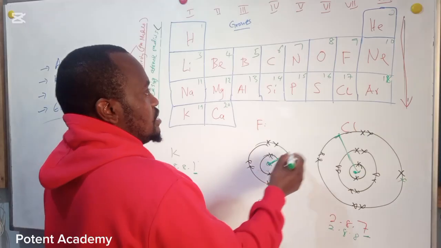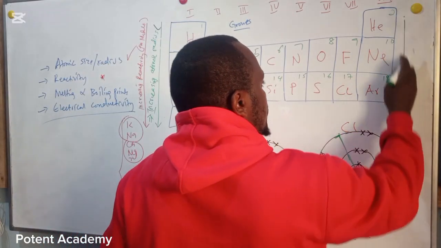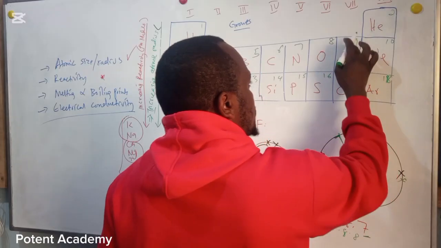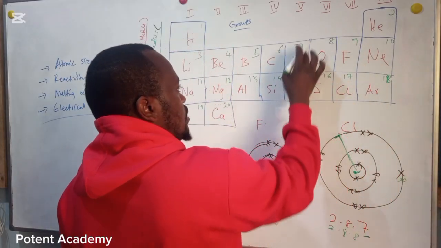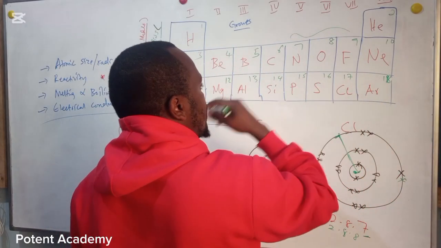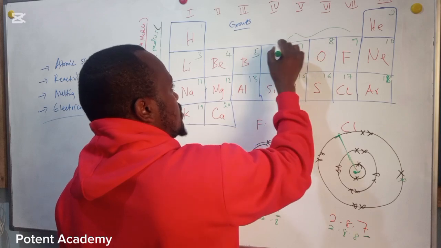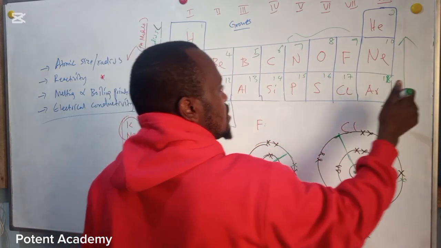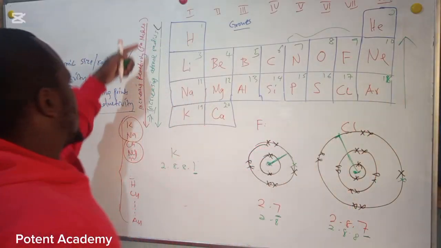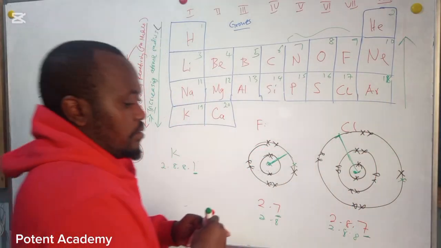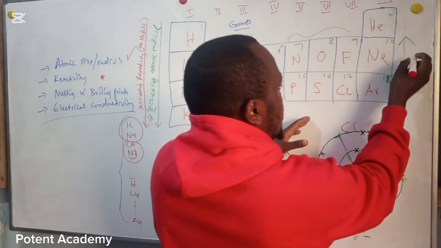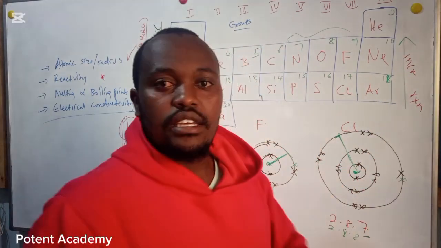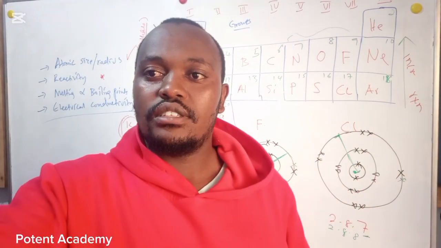Therefore, if you draw the reactivity for nonmetals, we are talking about this, or all this area, these are nonmetals. You could add this one. So we write this: this is more reactive than this. So the arrow is opposite of this. This one faces down, while this one will face up, increasing reactivity for nonmetals.